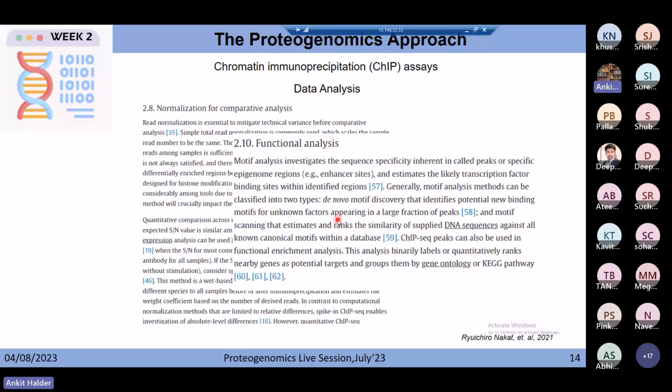This is the overall chromatin immunoprecipitation assay, which helps us understand how these proteins interact with the DNA, and what the roles are of a particular motif or region, and how those proteins are affected. This is the overall workflow after sequencing to finally identify those particular regions of the DNA. Does anyone have any questions?